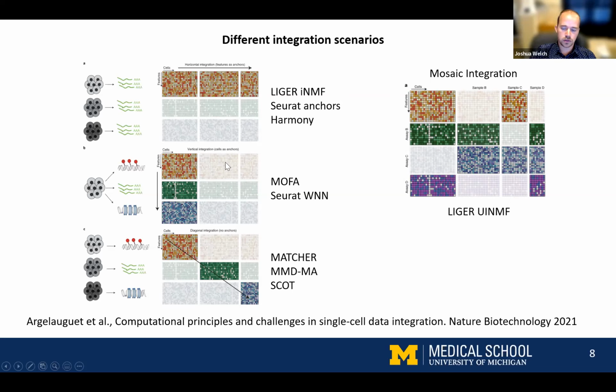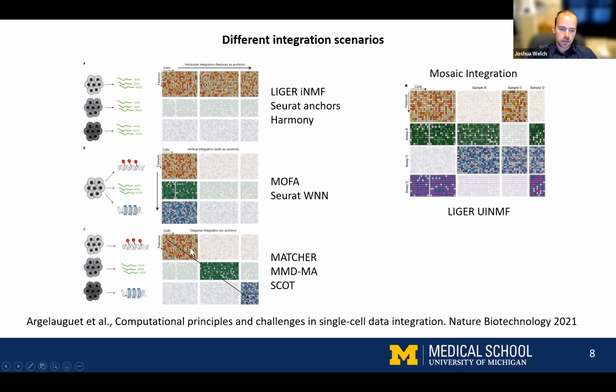Another scenario is vertical integration, where what's shared across data sets is the cells themselves. And approaches like MOFA and Seurat weighted nearest neighbors solve this problem, where, for example, you may have proteins and gene expression measured in the same cell, and you want to use those protein and gene expression matrices jointly to do dimension reduction of the set of cells.